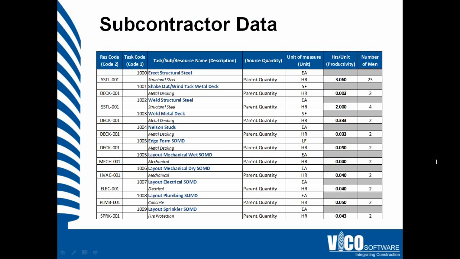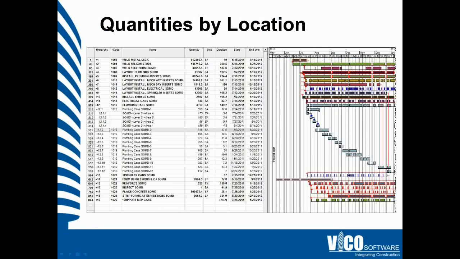So we took that information and templatized it and plugged it into our schedule as a product of quantity and manpower. And you could see in this list that we were able to extract a count of inserts, in this case the plumbing cans that we had for the slab on deck.